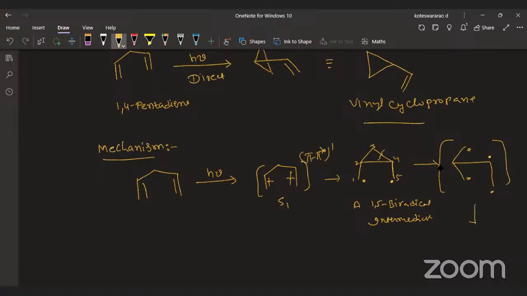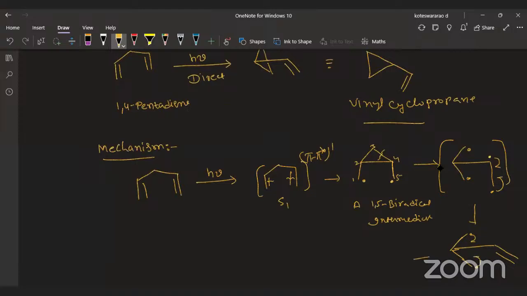Two radicals combine homolytically, which leads to the formation of a double bond, and the two radicals remaining here again combine together.